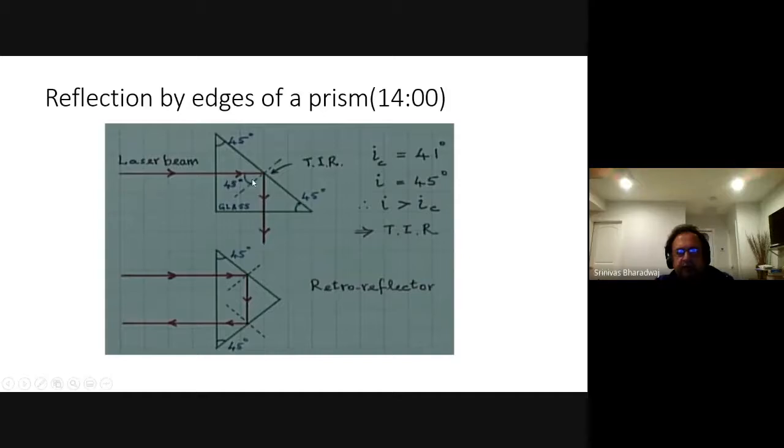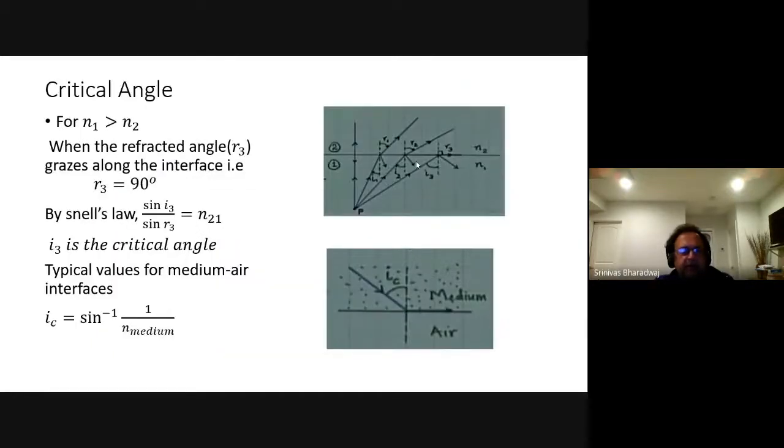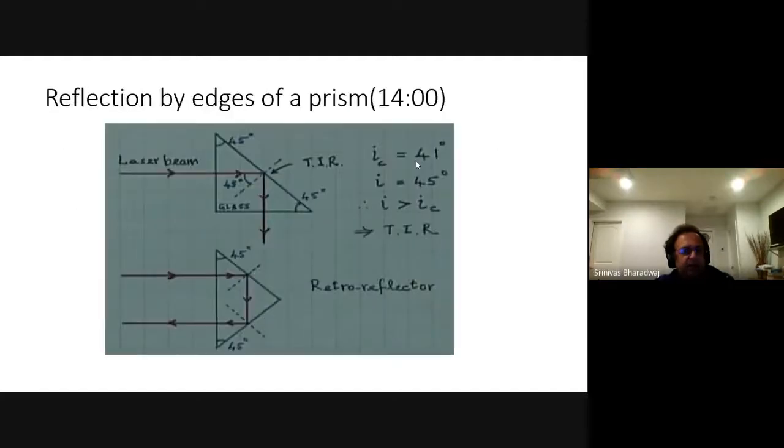It goes in like this, at this 45-degree angle, which is higher than the critical angle. The critical angle is about 41 degrees for this particular glass. You look at this formula, sine inverse of 1 over 1.5, so it is whatever that angle is, and therefore at 45 degrees, it is getting reflected.